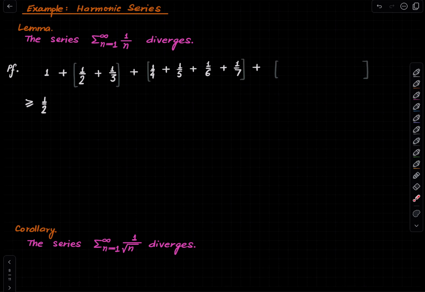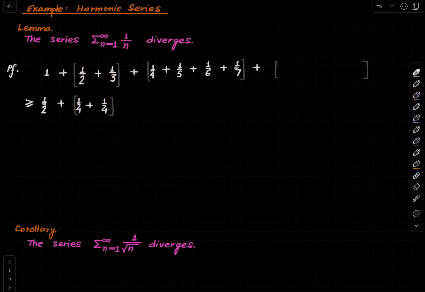We want to show that the sequence of partial sums diverges. In fact, we'll show that it grows without bounds. So suppose we have stopped at some very large n. The first number is of course at least that much. What about this one? That is at least 1/4 plus 1/4, clearly. This is at least 1/4, that is at least 1/4.